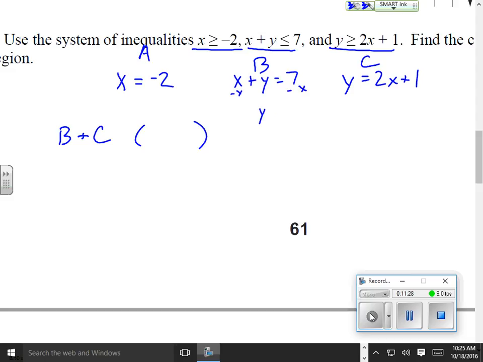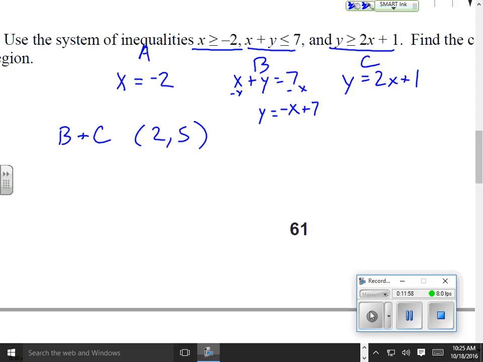Y would be negative x plus 7, and y would be still 2x plus 1. So if I put both of those into y equals in my calculator, I can find the point of intersection. Put them into y equals, and then second trace, do the intersection, and I get an intersection point at 2, 5.